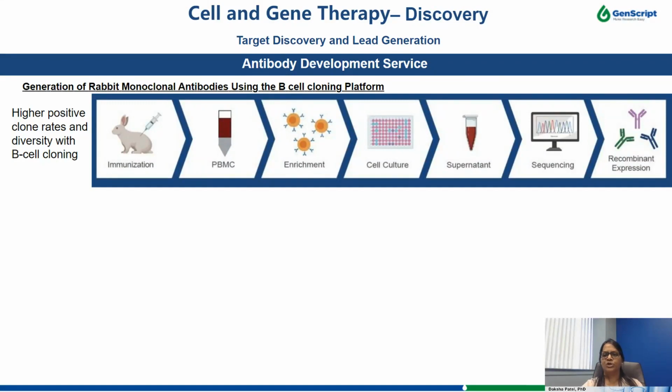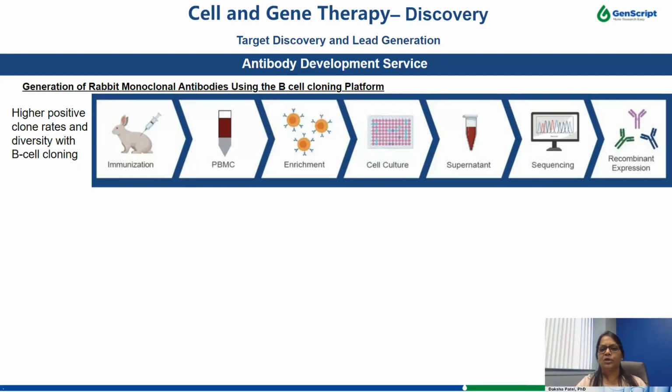For many applications, GenScript offers off-the-shelf antibody products, but sometimes researchers study new diseases and mechanisms, and maybe they can't find a suitable antibody for their application. And GenScript provides the customized antibody service to support the new disease and new target research with 2 platforms.